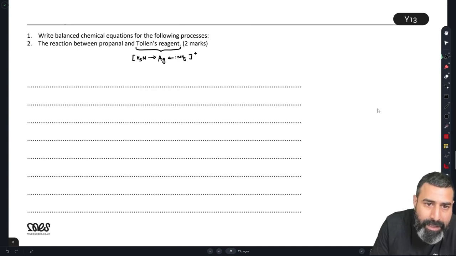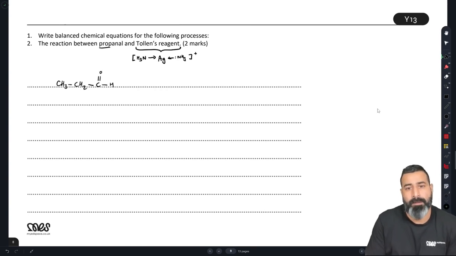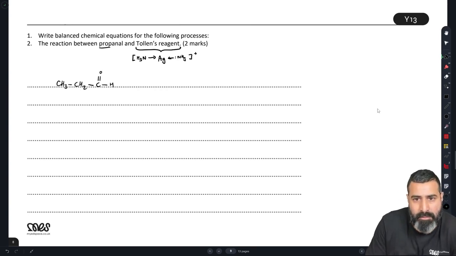And propanal, that prefix prop means we've got 3 carbons in a row, and the aldehyde group can only go at the terminal part of the molecule, and it's CHO. Then remember that this Tollens reagent is an oxidizing agent.